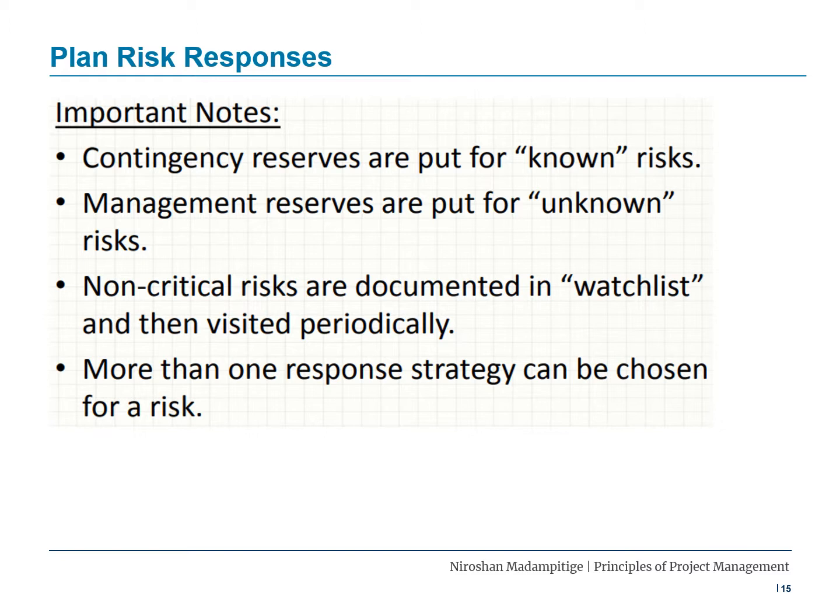Management reserves are put for unknown risks. Non-critical risks are documented in a watch list and then visited periodically. More than one response strategy can be chosen for a risk. That's a good point. It's not just one risk response that you can come up with for one given risk. You may come up with multiple responses and try.